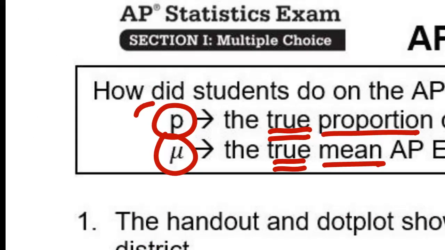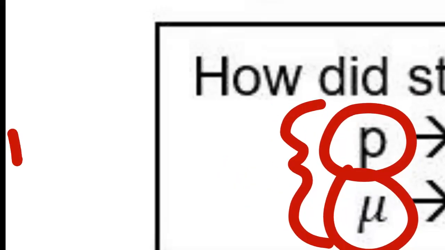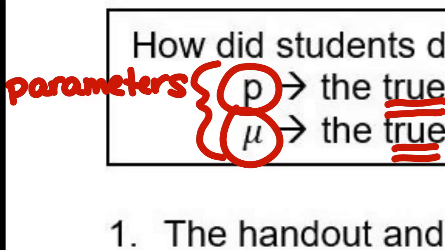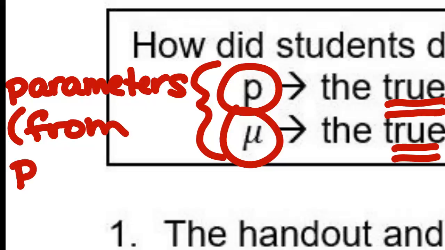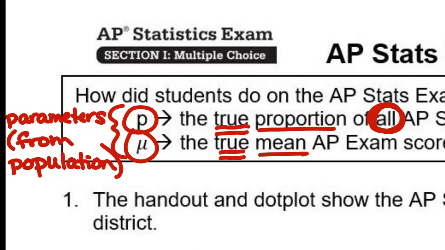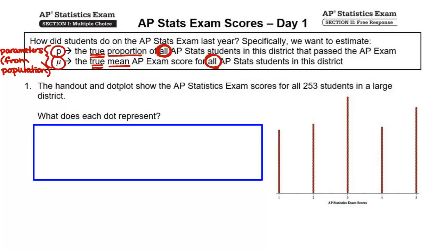We call these things parameters. They're called parameters because they come from the population.